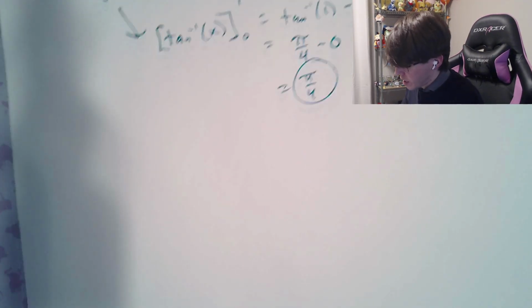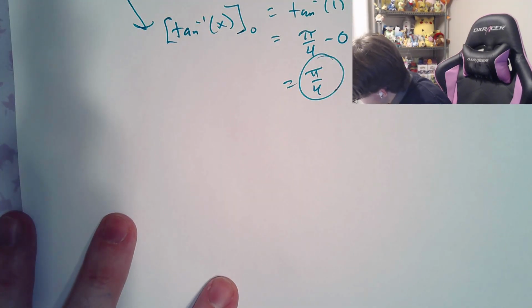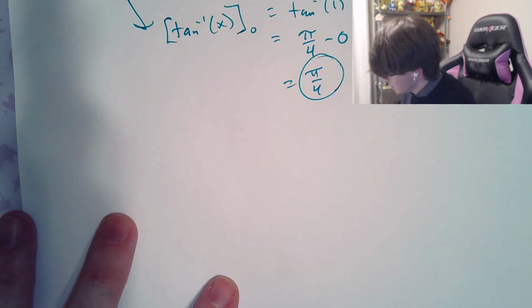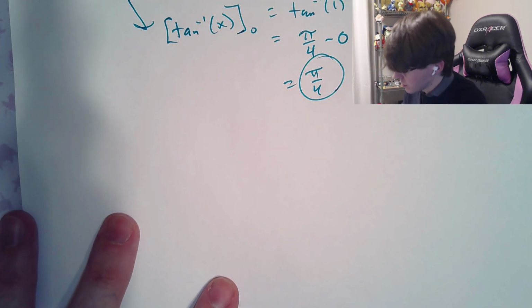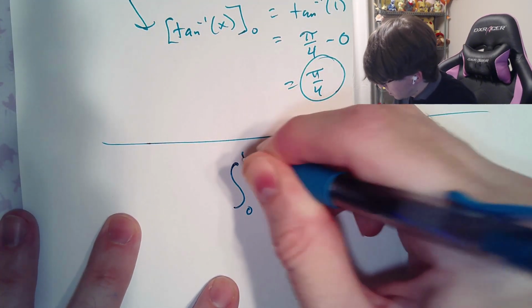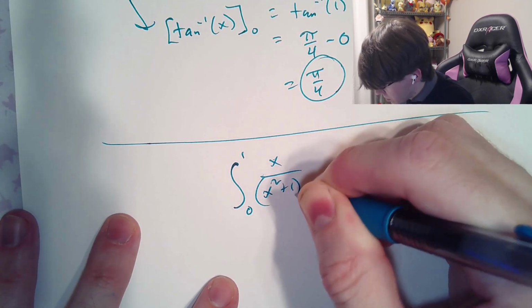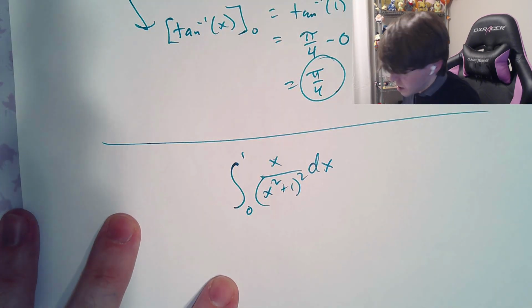Number 25. All right, number 25, we want to find the area under the curve of x over (x squared plus 1) squared between 0 and 1. So again, positive value function, so we don't need to worry about anything else other than taking our antiderivative. So for number 25, we are having the integral from 0 to 1 of x over (x squared plus 1) quantity squared dx.